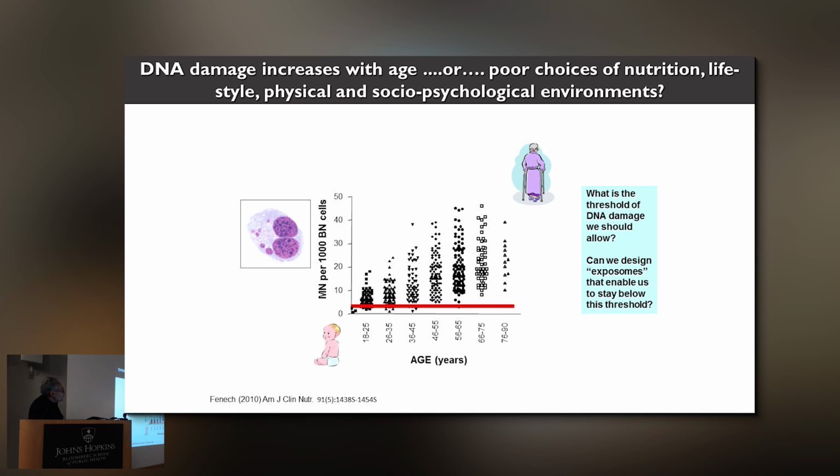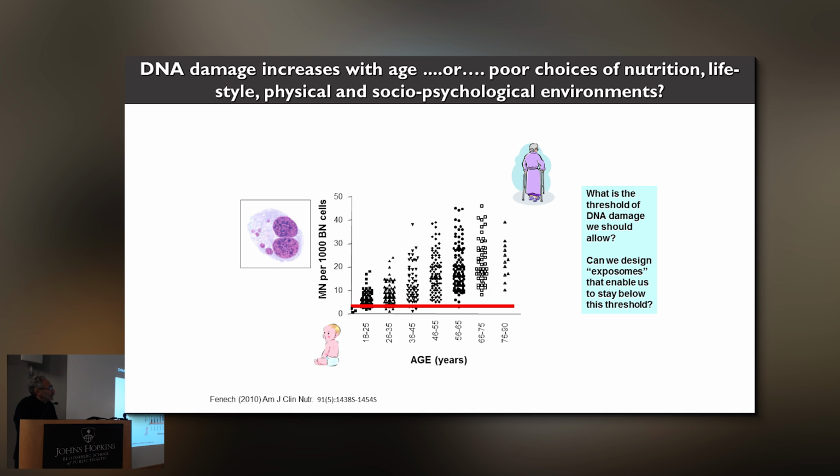So in a public health sense, I think this way. If increasing DNA damage rate is going to increase the risk of developmental and degenerative diseases, maybe we can think of a different way about public health and start thinking at the fundamental causes of disease, such as genome damage, and ask the question, what is the threshold of DNA damage we should allow?